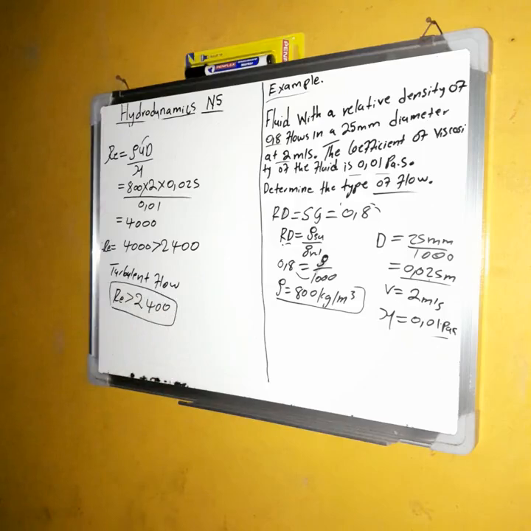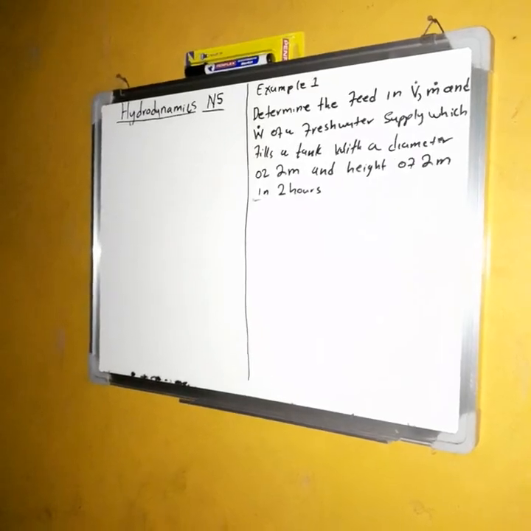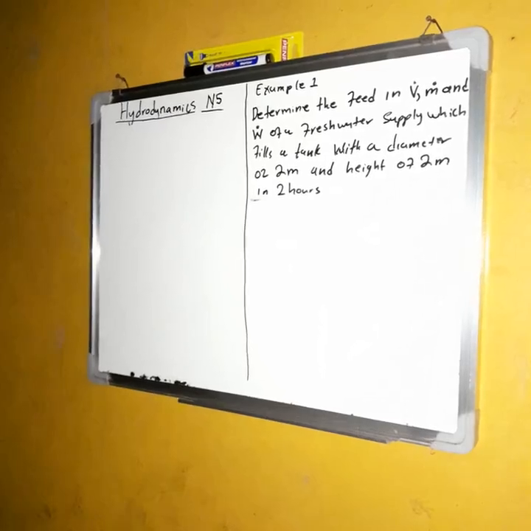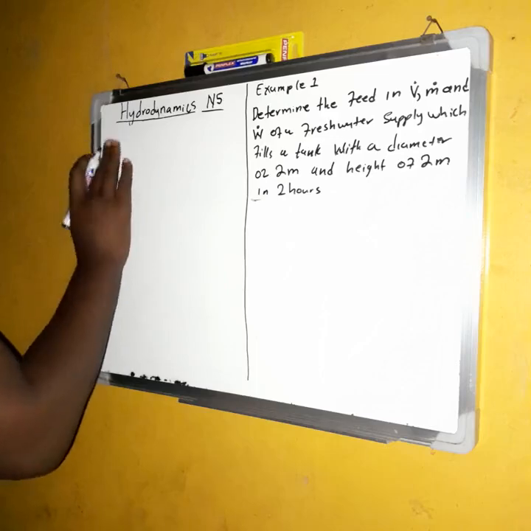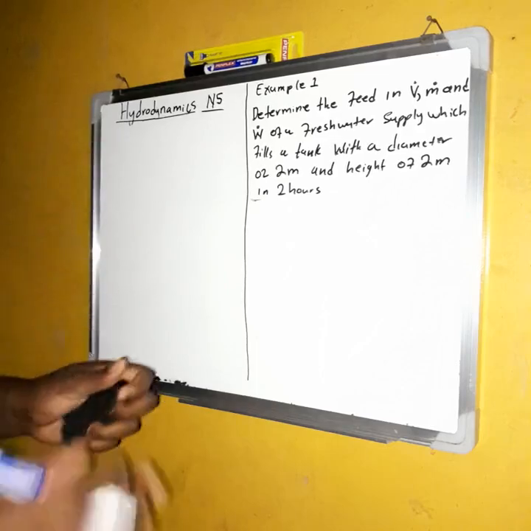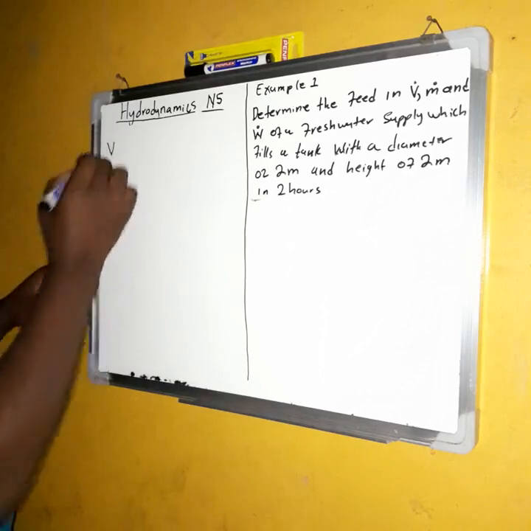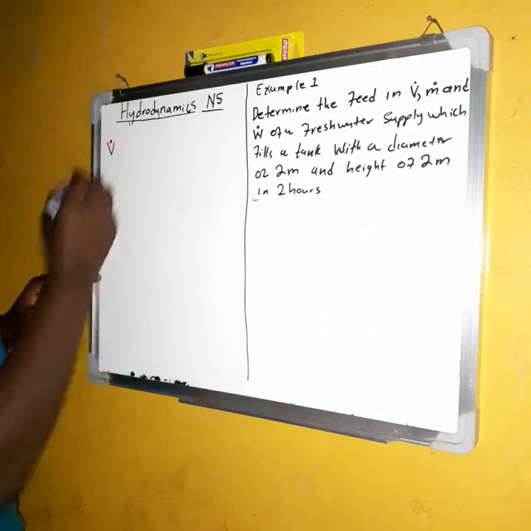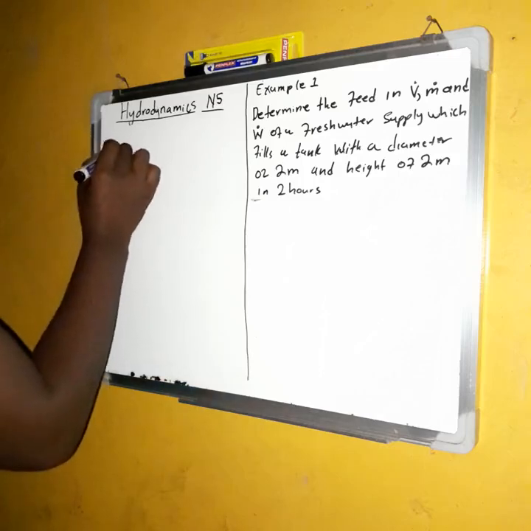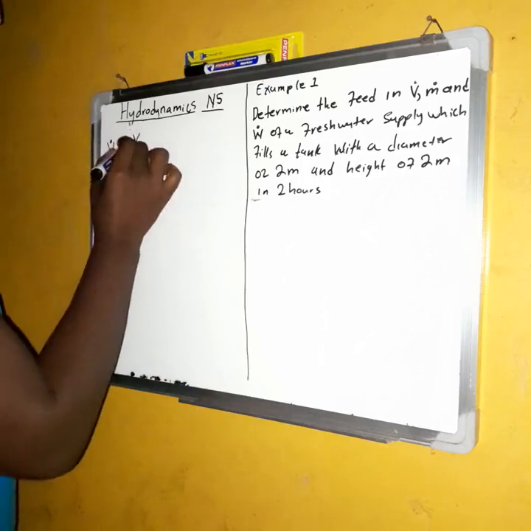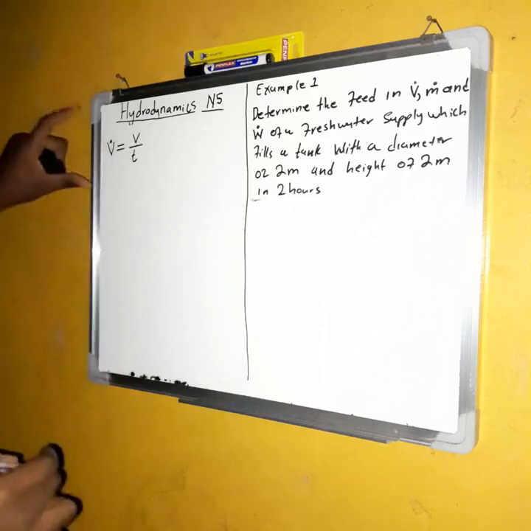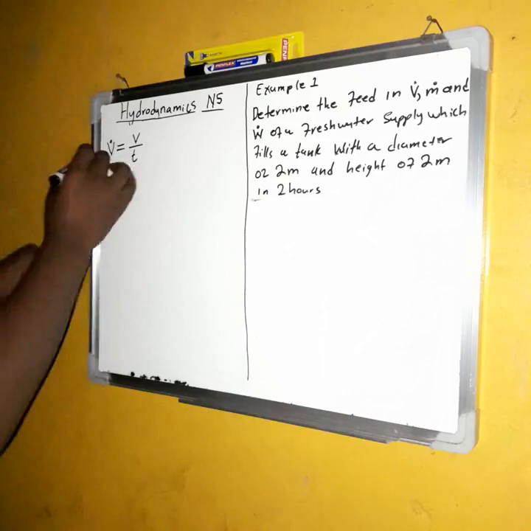So we're dealing with Reynolds, we're still under Reynolds. Now I want you to check the flow. It will be represented by V with a dot, which is equal to volume divided by time.